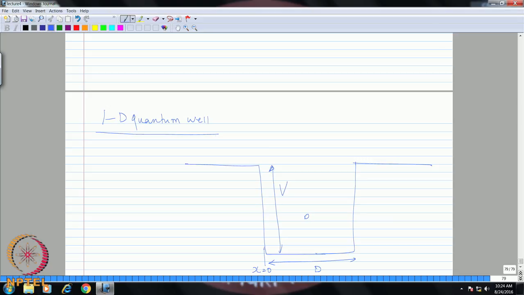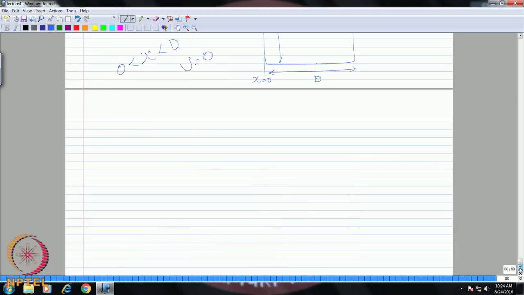So, inside this well, that is between x greater than 0 and less than d, there is no potential energy constraint on this particle or electron. So, this can freely move about inside the well, whereas if you are talking about x less than 0 or x greater than d, your potential energy constraint is finite, equal to V.